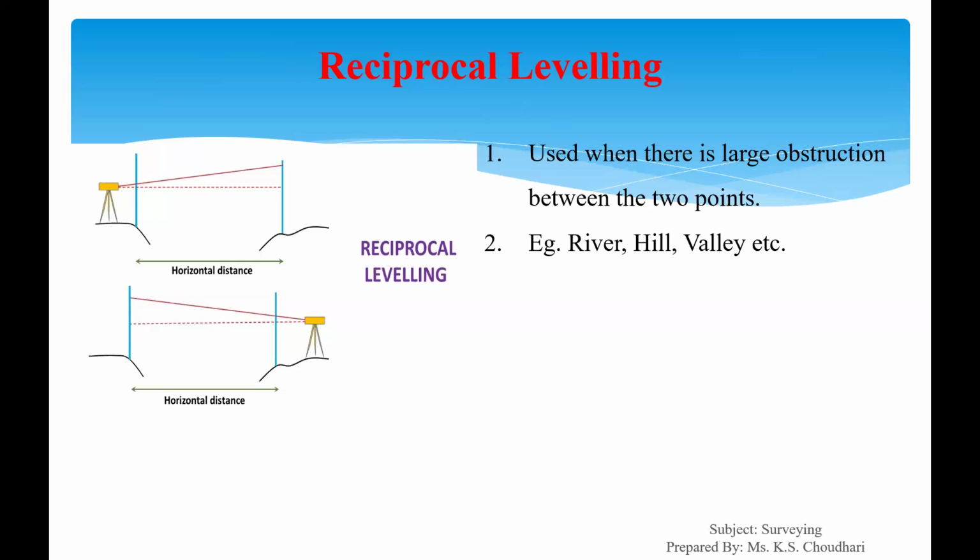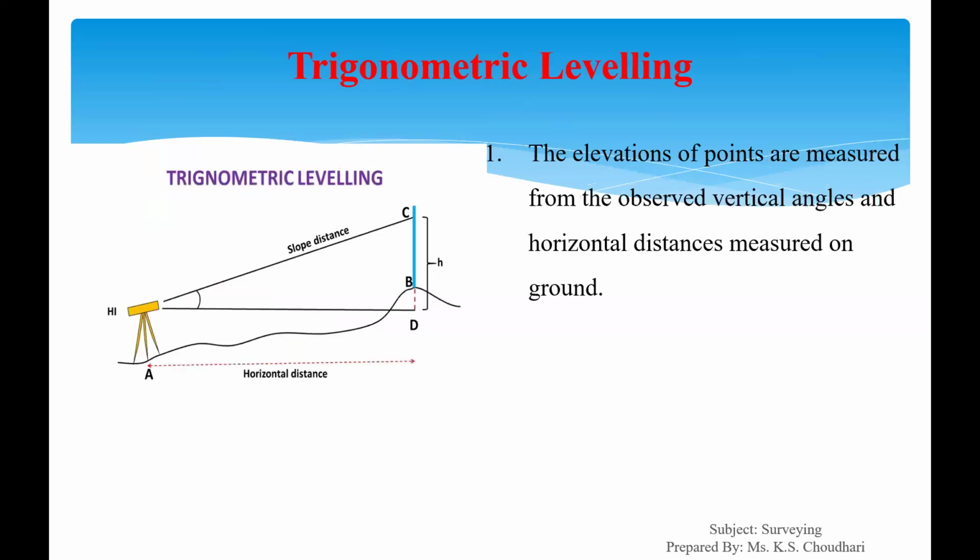Reciprocal leveling is used when there is a large obstruction between 2 points, for example, a river, hill, valley, etc. Now, the trigonometric leveling. The elevations of points are measured from the observed vertical angles and the horizontal distances measured on the ground. This leveling is known as trigonometric leveling.